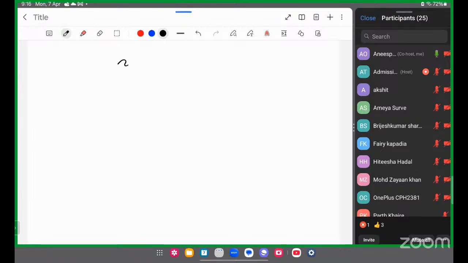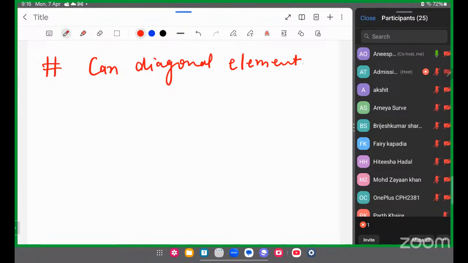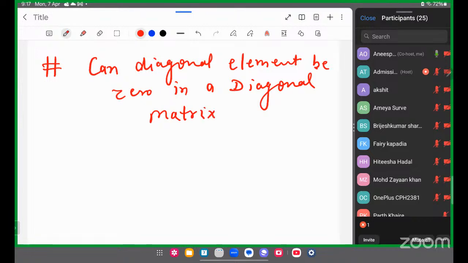Okay. Now let's take one more condition. That is an interesting point. First of all, tell me, can a diagonal element be 0 in a diagonal matrix? In a diagonal matrix, what do you think?